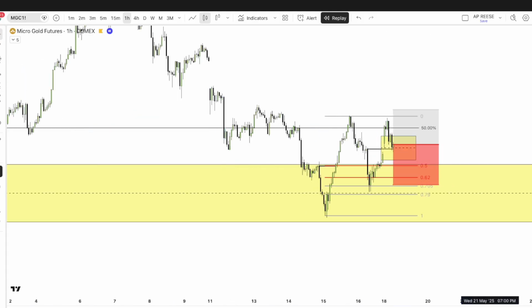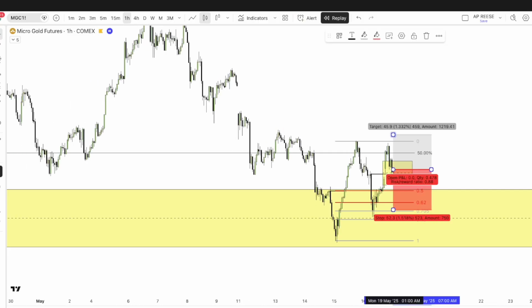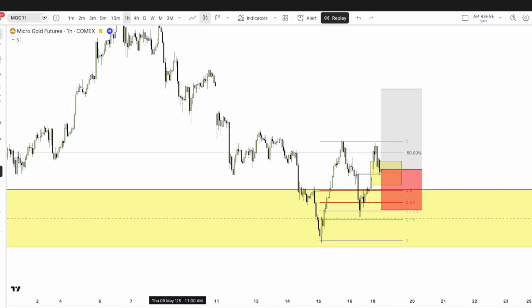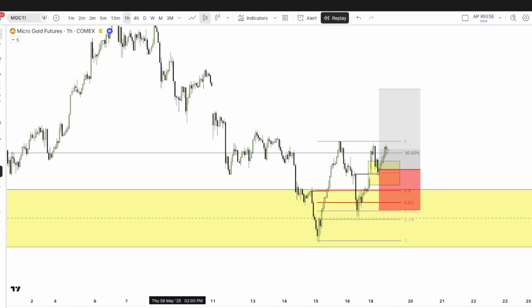And then I want to target a 1 or 2. So let's see how this plays out. As we can see, price breaks higher and hits our 1 and 2.